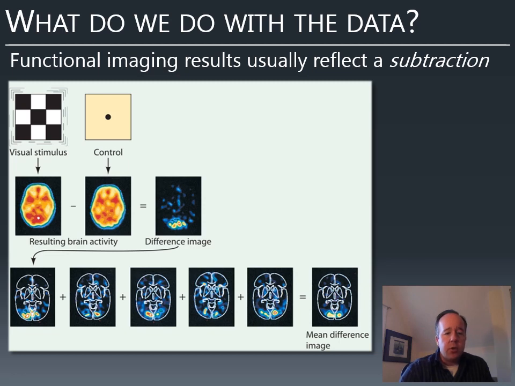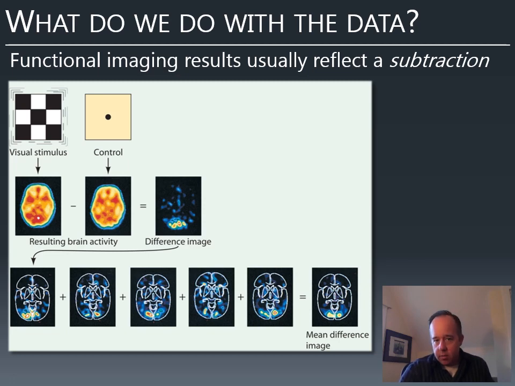And then what you do is you compare brain activity, those images, when the brain was processing the complex image, to the average activity when the brain was processing the simple image, and then you end up with the difference.